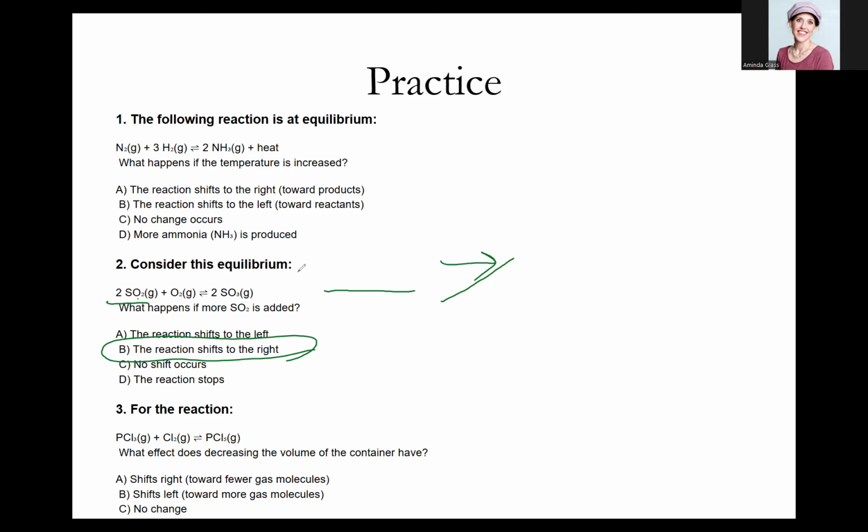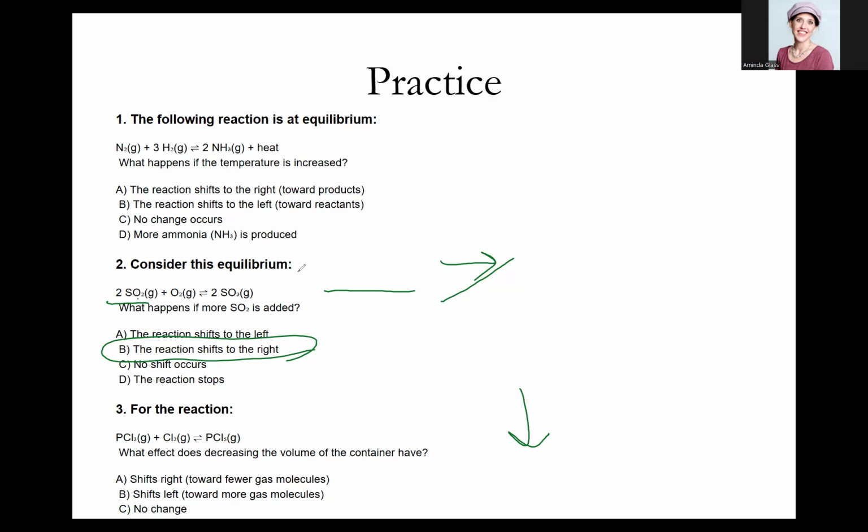For number 3, for the reaction, phosphorus trichloride plus chlorine gas is in equilibrium with phosphorus pentachloride. Everything is a gas. What effect does decreasing the volume of the container have? If you're decreasing the volume, think of a balloon.